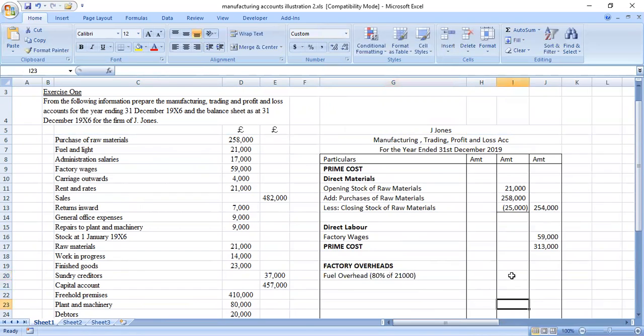That is 0.8 times 21,000, which is 16,800.